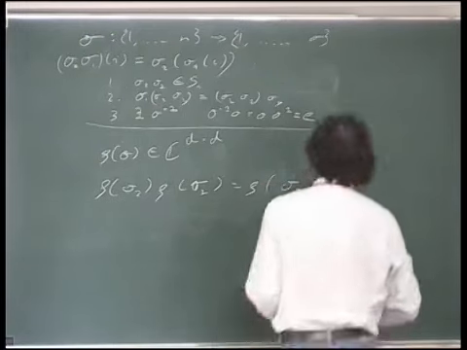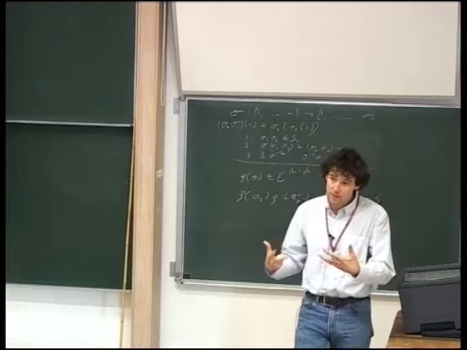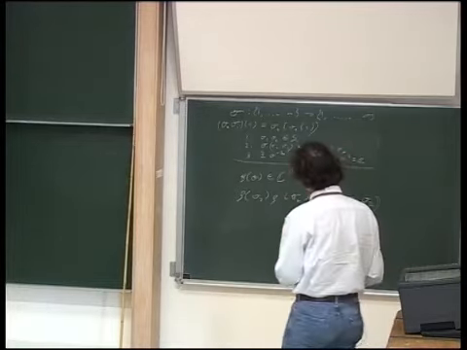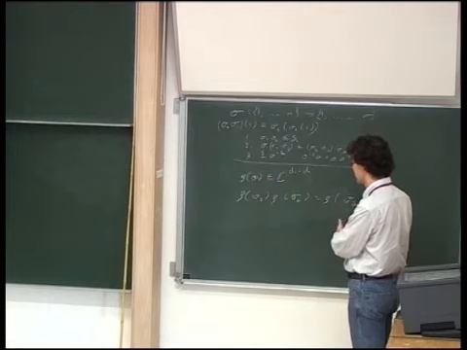Okay, so this just says that representation matrices mirror the group operation. So representation matrices are like a way of capturing this crazy structure of permutations by matrices.